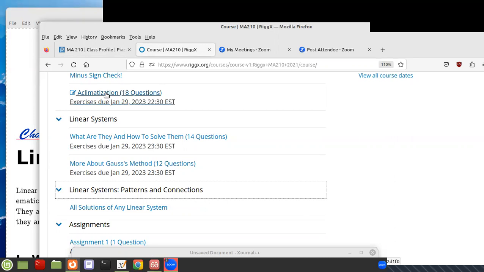That way you can maximize your getting right answers. Any questions now about any of this stuff? If not, then it's back to linear systems and Gauss's method.